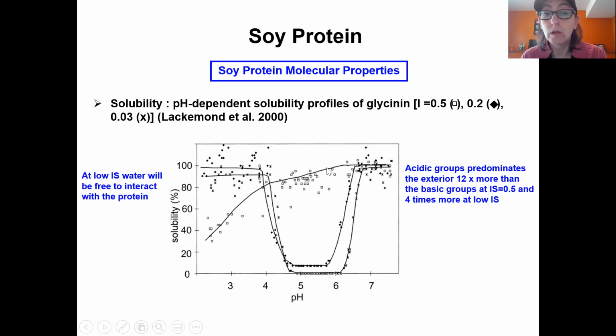So that's why we see two different types of curves: one that starts low at low pH and increases, and one that starts high at low pH, decreases around the isoelectric point, and increases. So this is just to illustrate that salt content and pH level both impact the solubility of these fractions, specifically in this case glycinin.